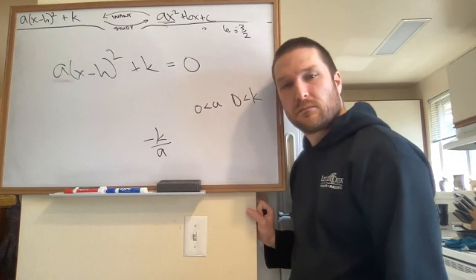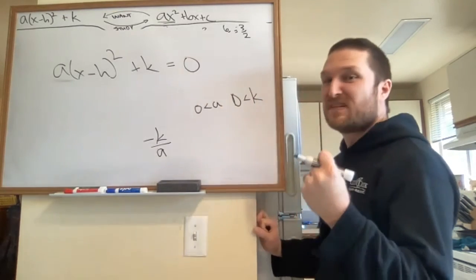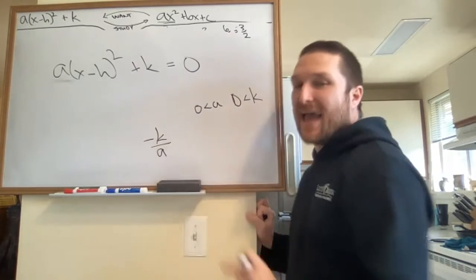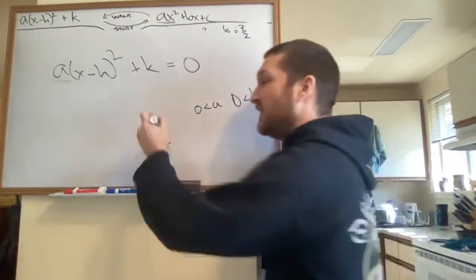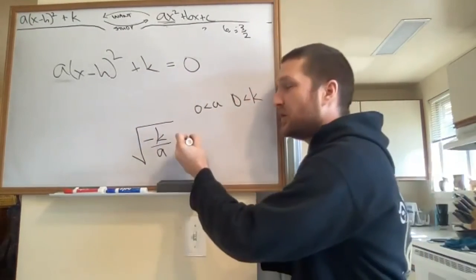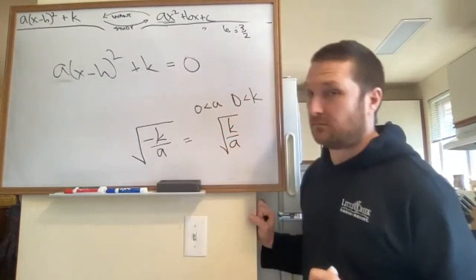And so if these are both positive, is that positive? No. So if both k and a are positive, the negative k over a is not positive. And therefore, that can be reduced by doing what?